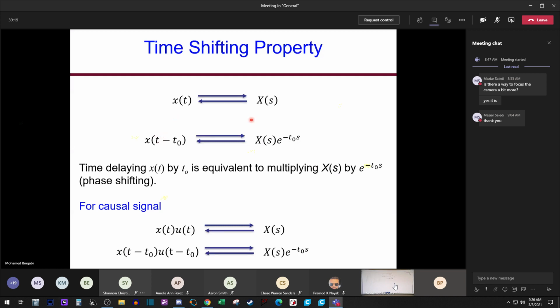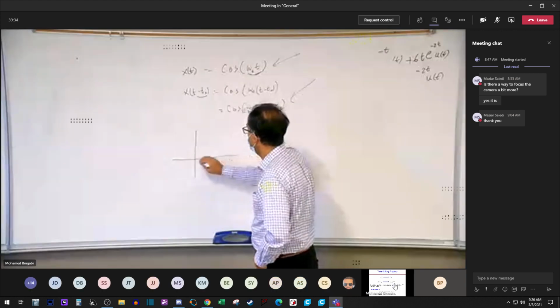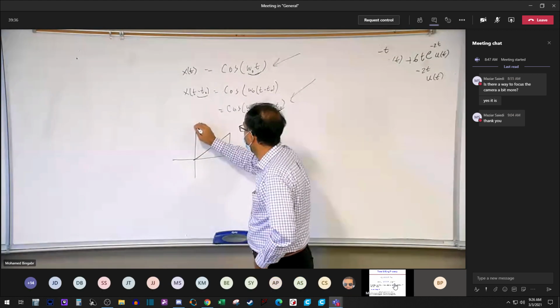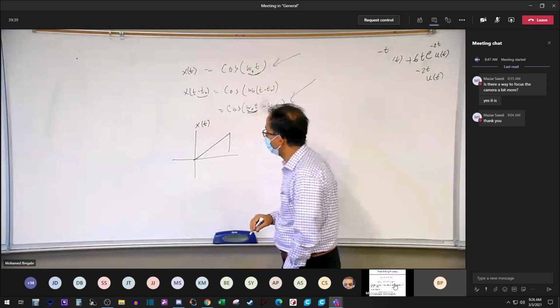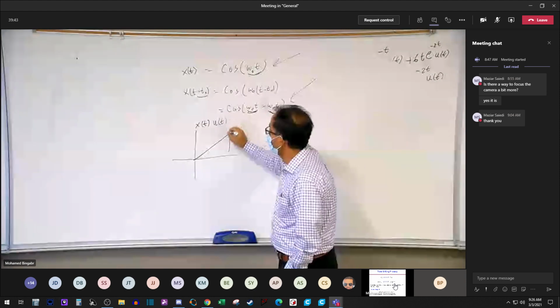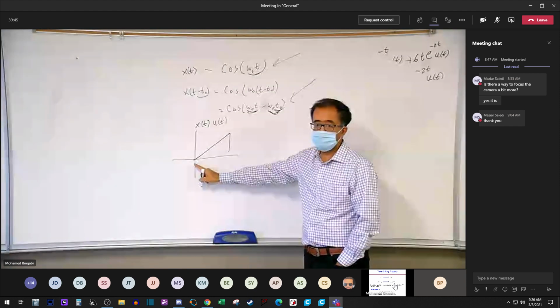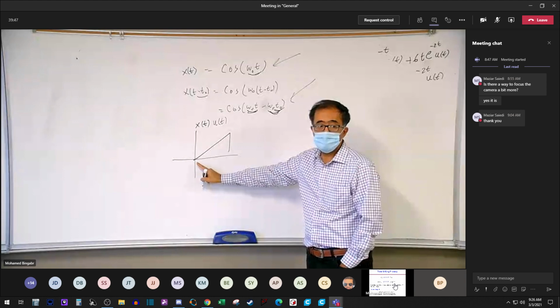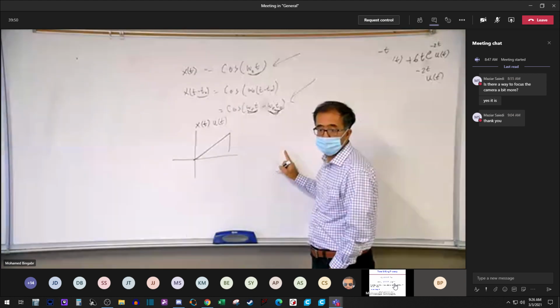Now, here we are assuming x of t exists for negative t and positive t, and you move it all. But what if the signal is causal? That means the signal looks something like this, and let's say it's multiplied by u of t. That means it exists only for t equal to 0 and positive t's.